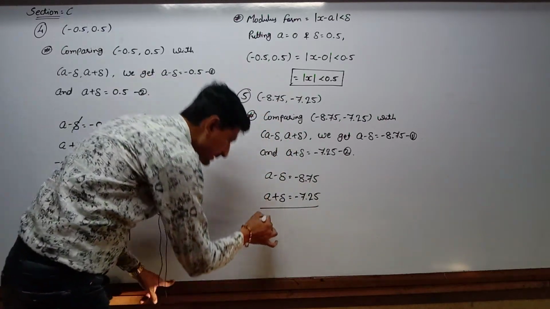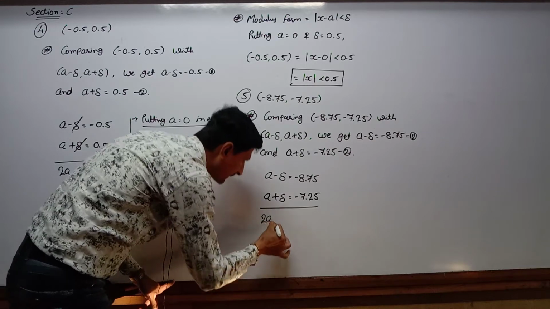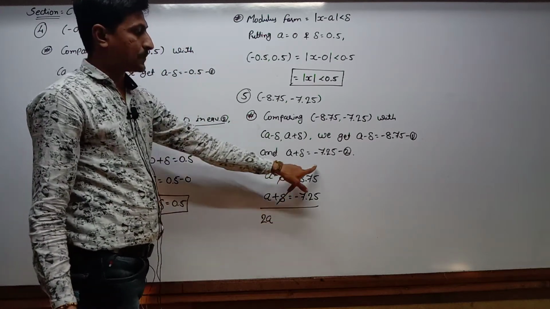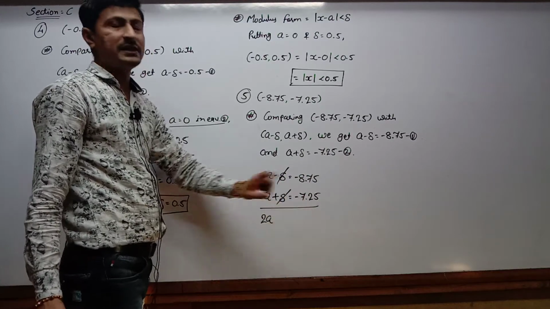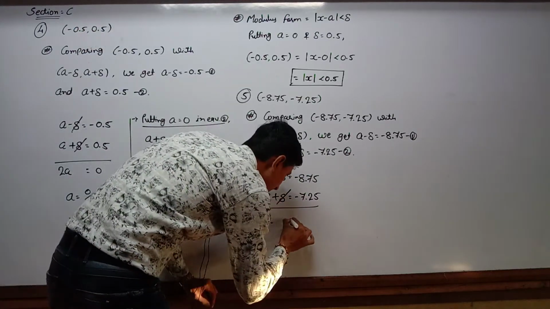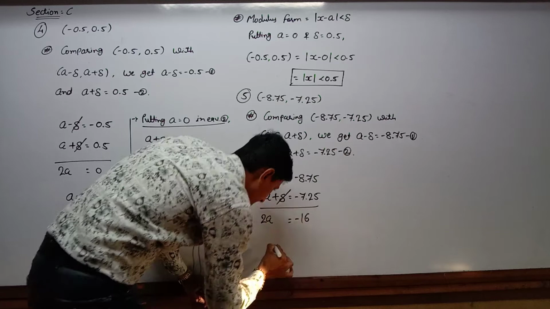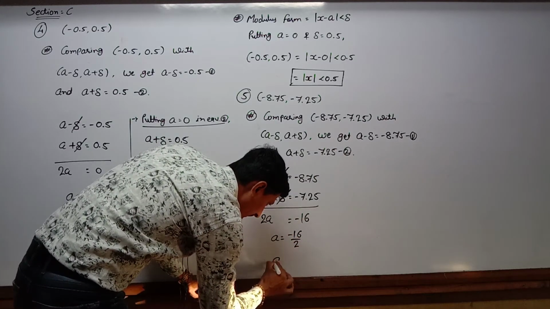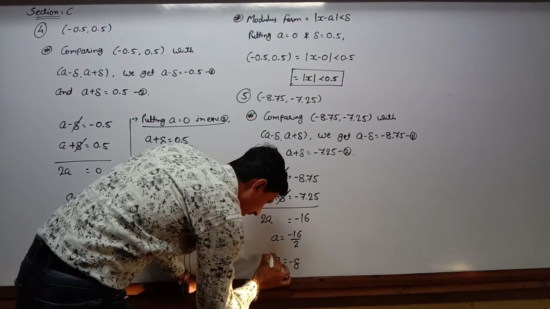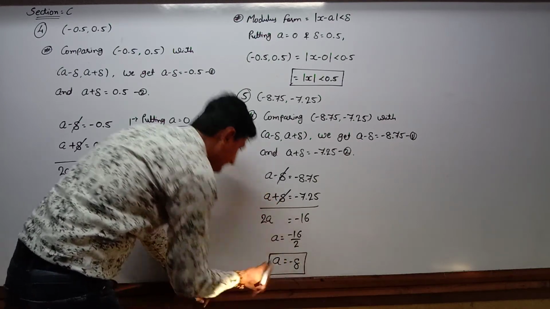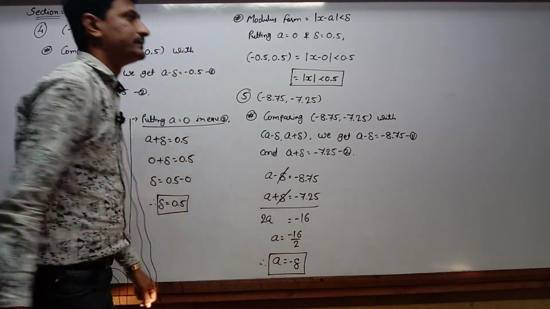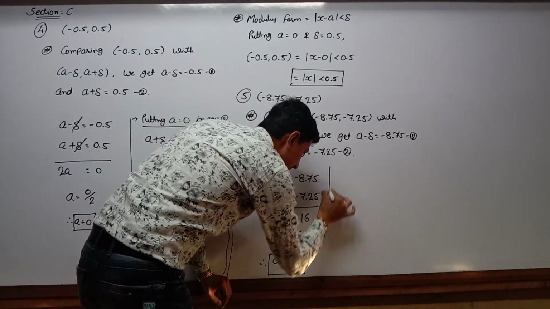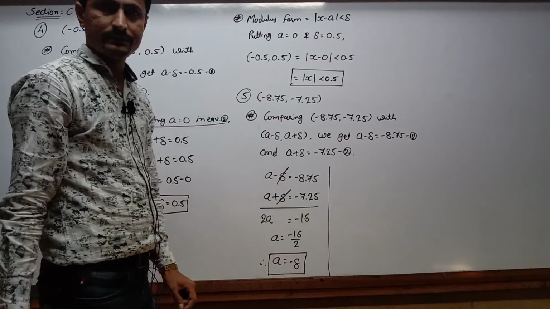So a plus a, 2a, minus delta plus delta cut, minus 8.75 plus minus 7.25, minus 16, value of a, minus 16 by 2, a is equal to minus 8, value of a.